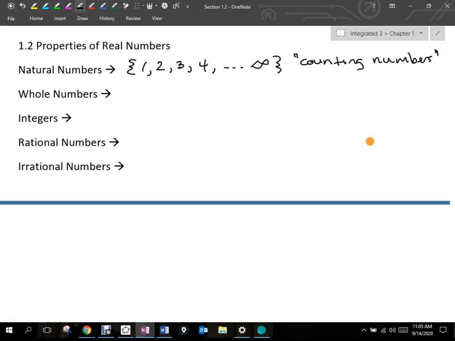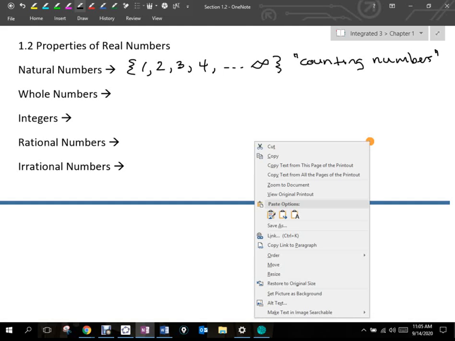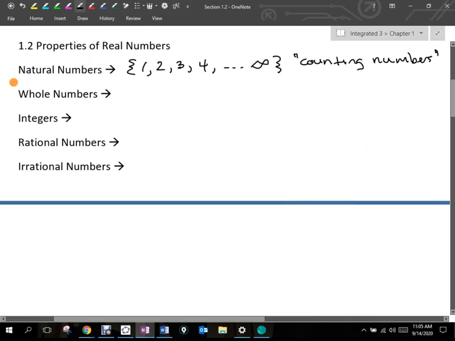I don't know how big of a deal it's going to be in this class, but if I don't want to write natural numbers down a lot, they will abbreviate that with an N. I did a crappy job of writing that, so let me do this.